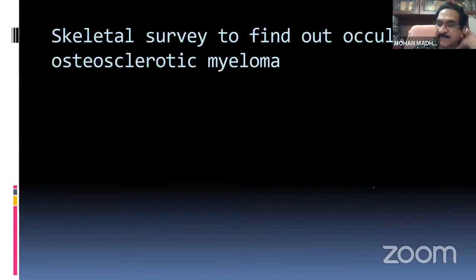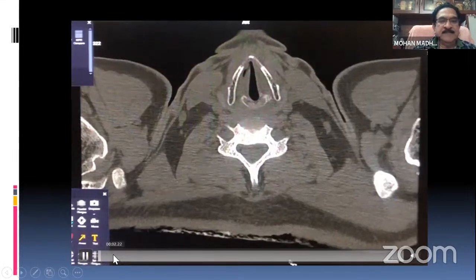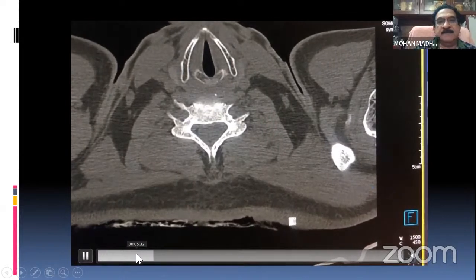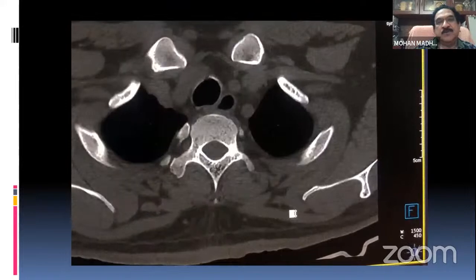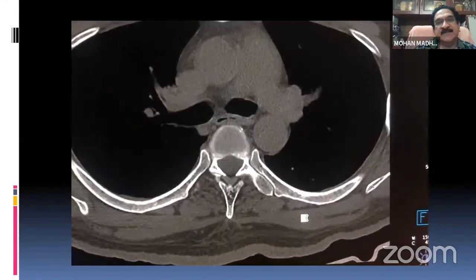Then I did a skeletal survey, because this is done to check whether it could be POEMS or not, as POEMS can be associated with solitary osteosclerotic myeloma. There was no evidence of any myelomatous lesions anywhere in the whole spine, thoracic, lumbar, up to the pelvis.